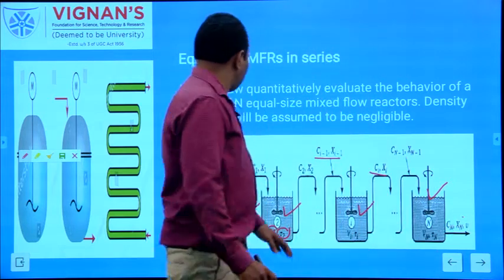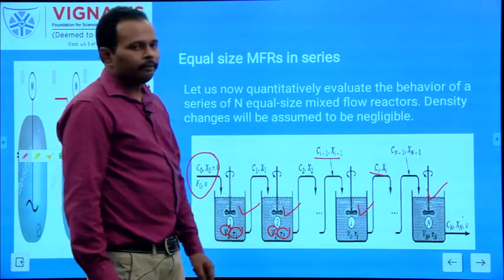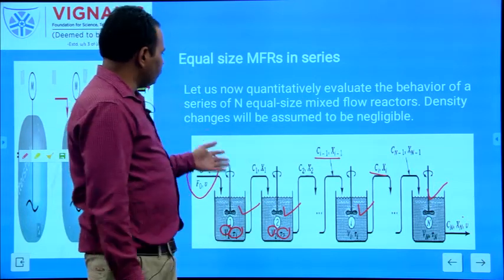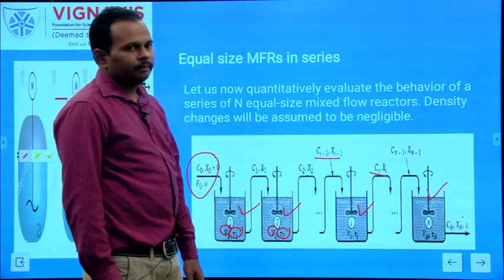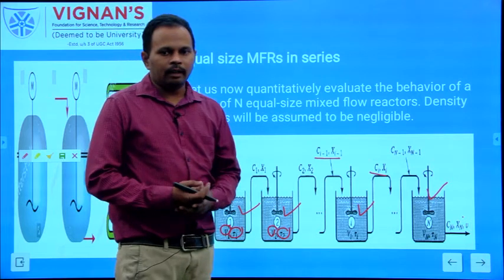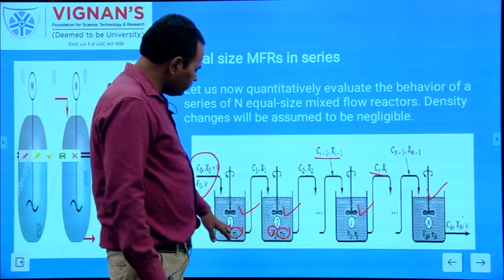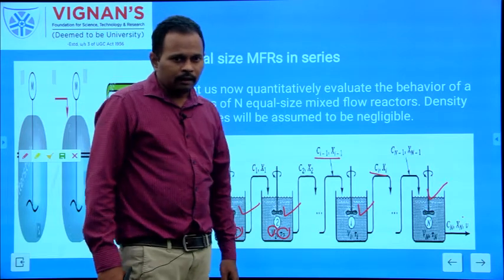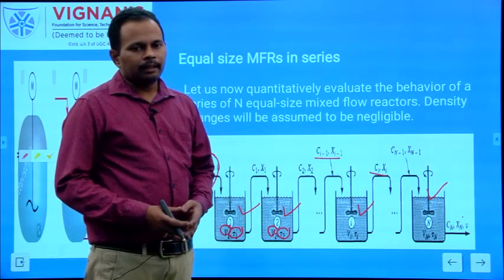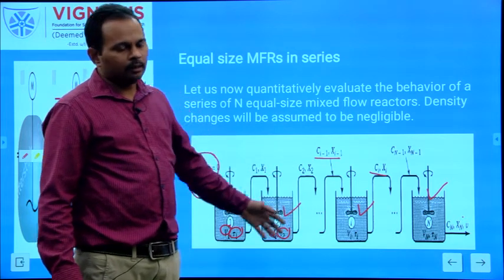Let us now quantitatively evaluate the behavior of a series of n equal size MFRs. The density is assumed to be negligible. These are MFRs, steady state flow reactors. When the volume is constant and the mass is always constant, you can consider the density constant.